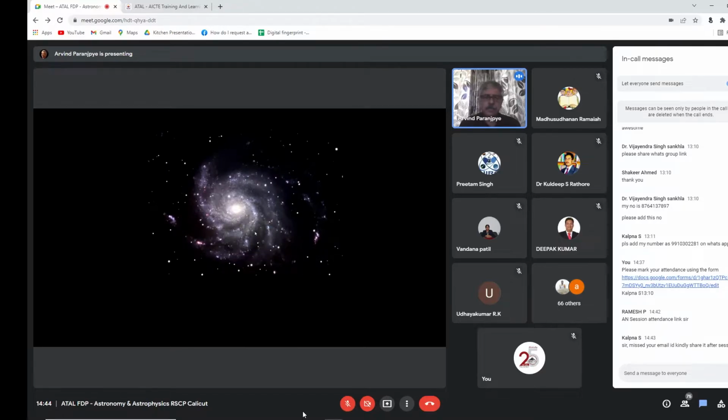Initially there were photographic plates. Now we have a CCD camera, an electronic camera as you have in your mobile. They have taken a large number of images of various objects in the sky and found that there are certain types of objects, and possibly our Milky Way galaxy should look like this.